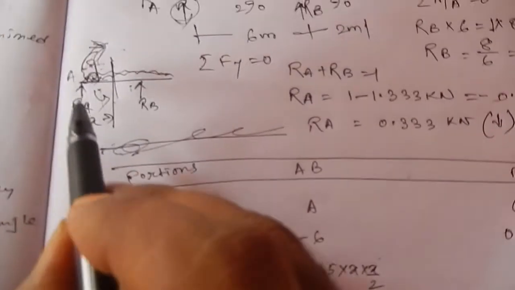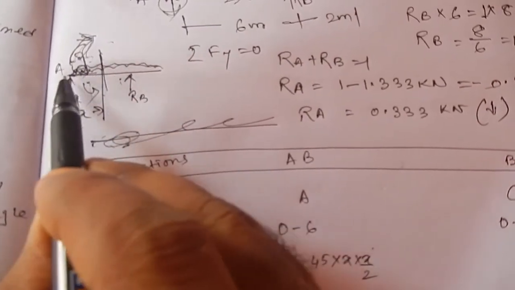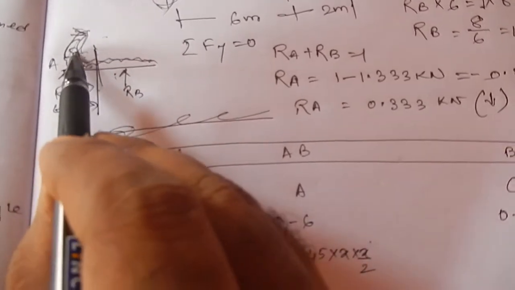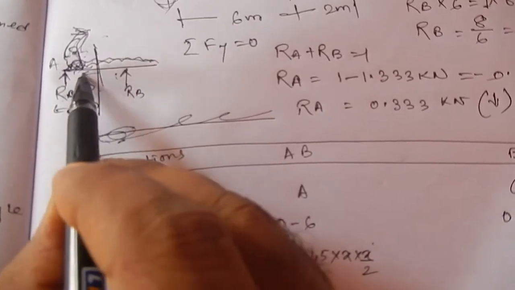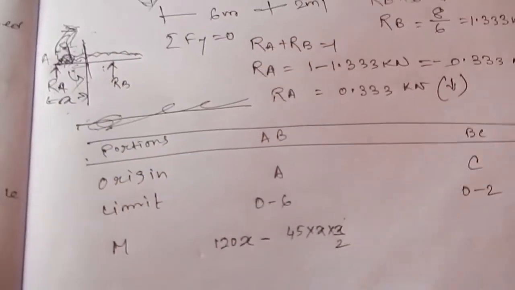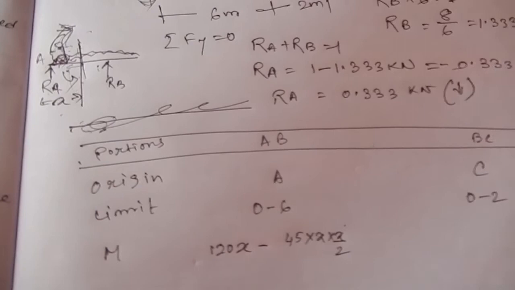Because 45 is acting throughout the length x, and this will be acting at the CG distance. So the CG distance is x by 2 from this part.